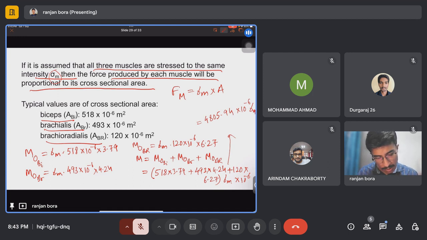What is this unit? The area is in meter square, and 3.79 is force multiplied by the centimeter, so the unit will be Newton centimeter.